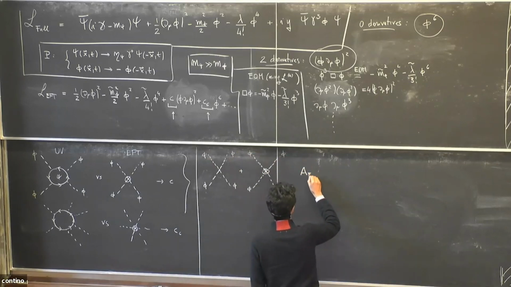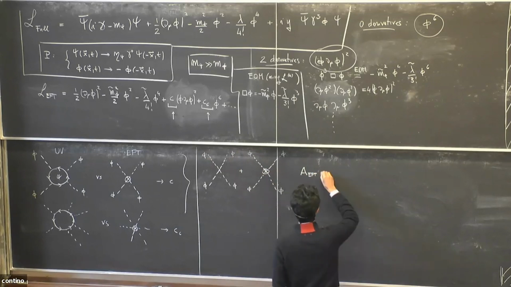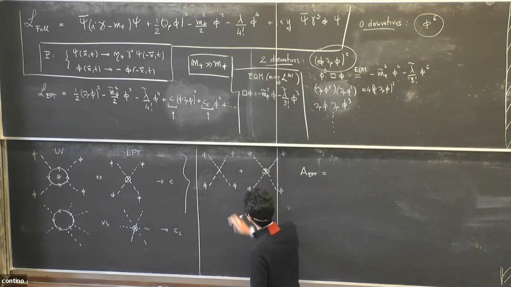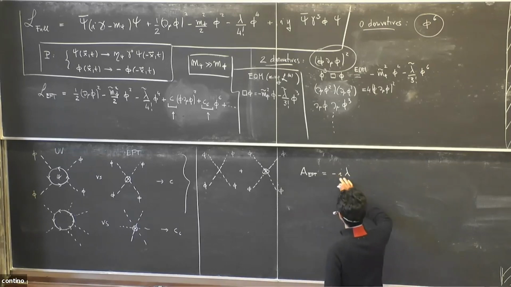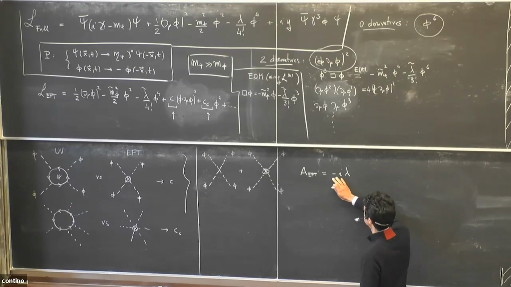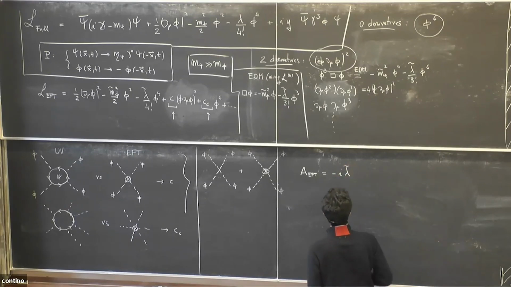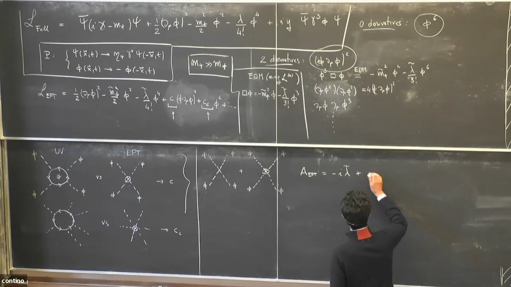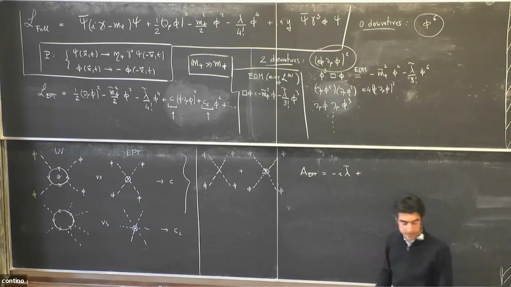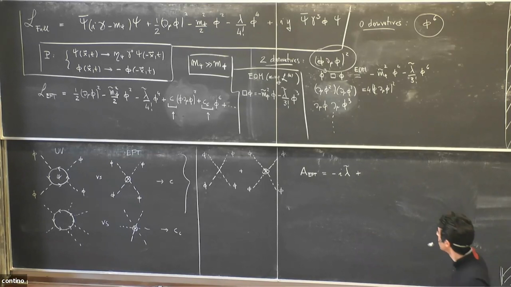So the amplitude in effective field theory has, well, the first diagram gives a contribution minus i lambda tilde, and that's it. Plus the contribution from the second diagram, which can be written as, well, at this point there are some coefficients which I leave to you to compute.